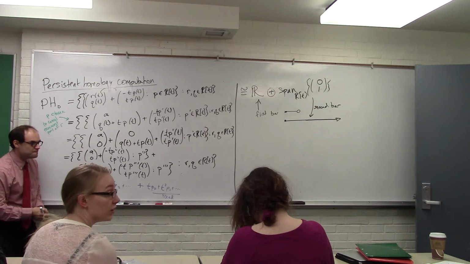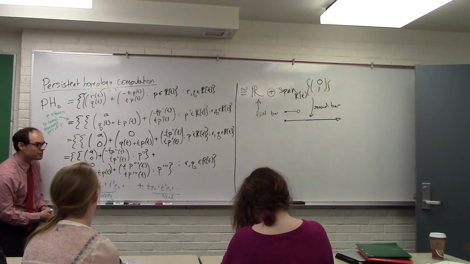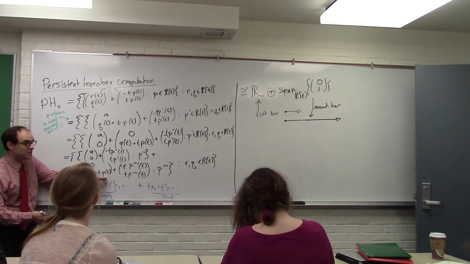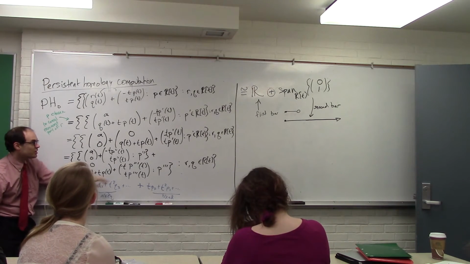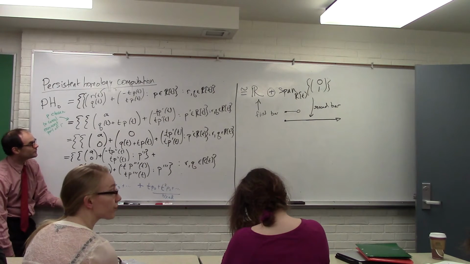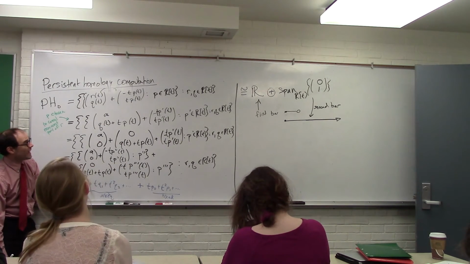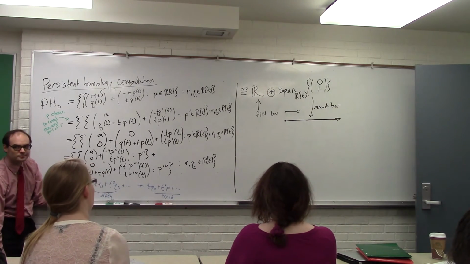But it's not against the rules for p to be 0, in which case I still get an arbitrary polynomial. Regardless of what p is, it's fixed, but it doesn't matter. This will still be an arbitrary polynomial. Right. Okay. So that first bar doesn't last, the second bar does, and that's the interpretation of this homology.